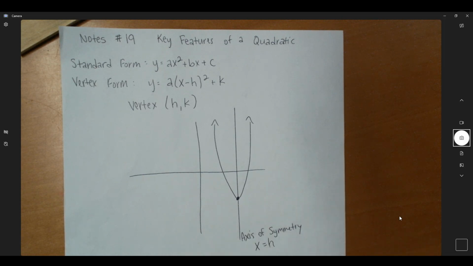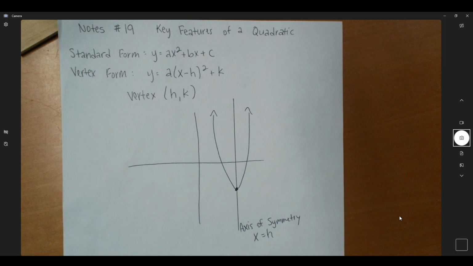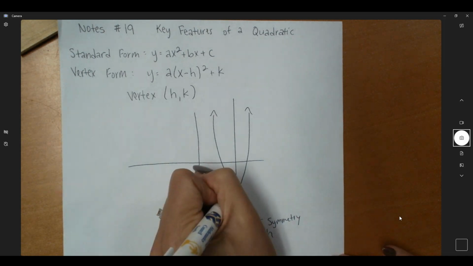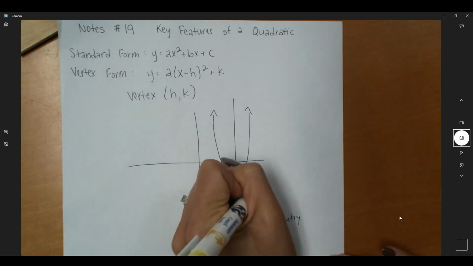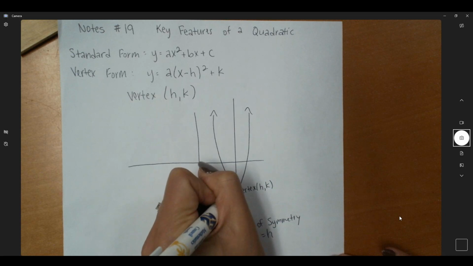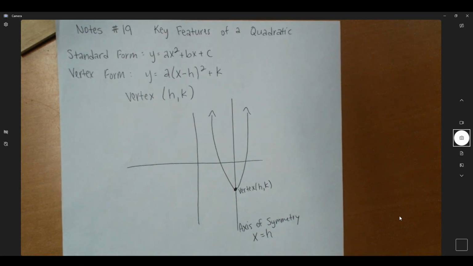So whatever the h value is in our vertex is that number. Say we're over like 5, then that would be x equals 5. And that's your vertex right there, h comma k. It's that one right there.